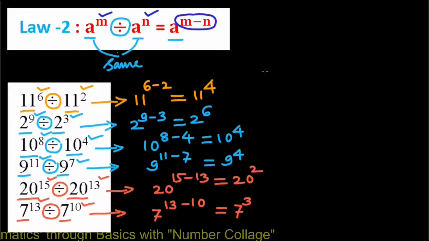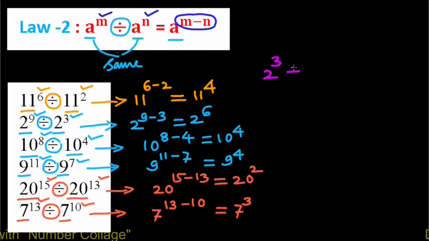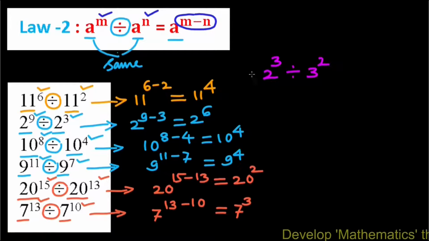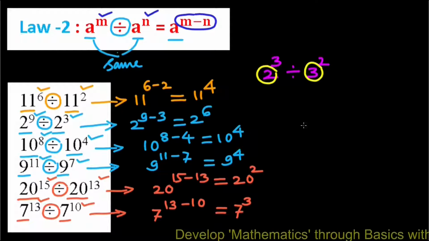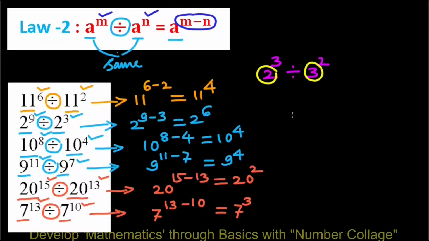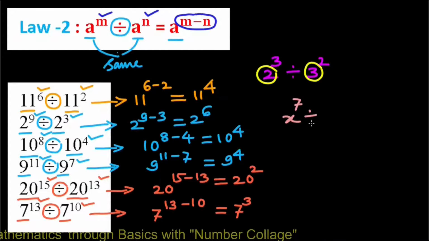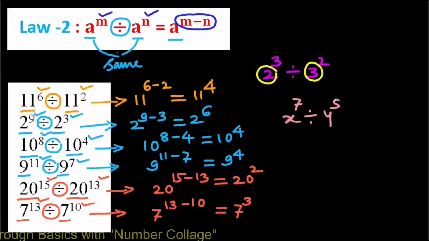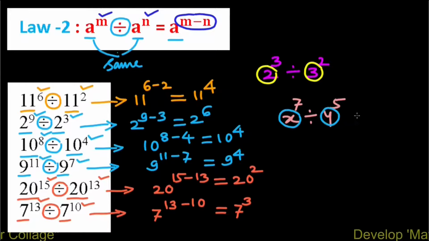For example, we cannot apply this law to 2 cubed divided by 3 squared, because here the bases 2 and 3 are different. Similarly, we cannot apply this law to x raised to 7 divided by y raised to 5, because the bases x and y are not the same.